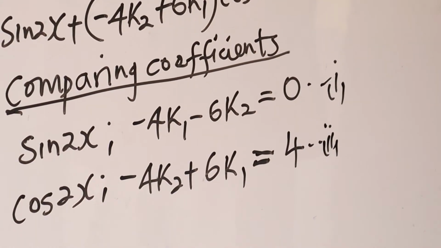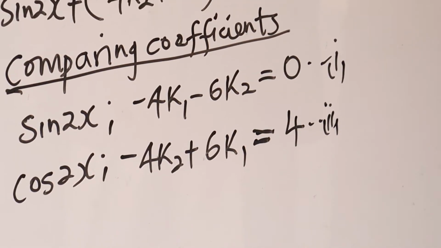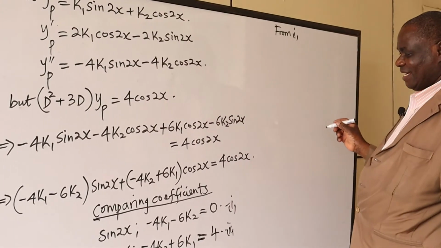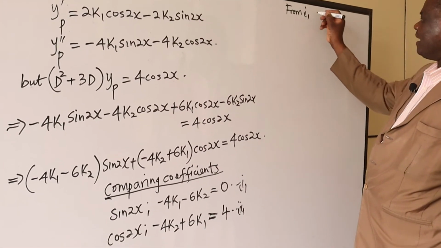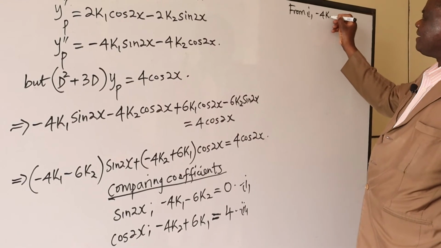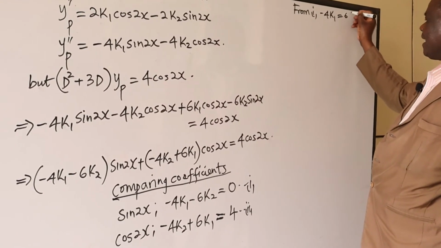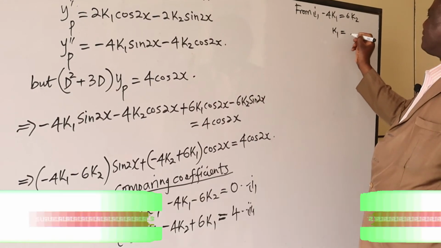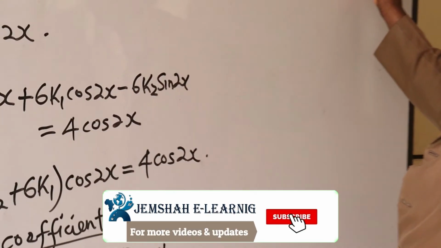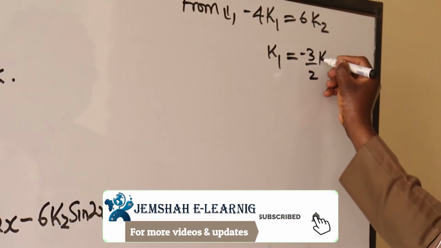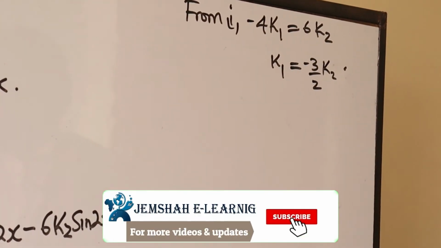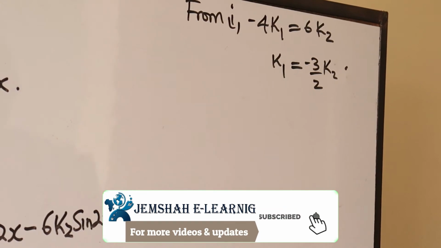Now from equation 1, we can see clearly minus 4k1 is equal to 6k2. So k1 is equal to minus 3 all over 2 k2.